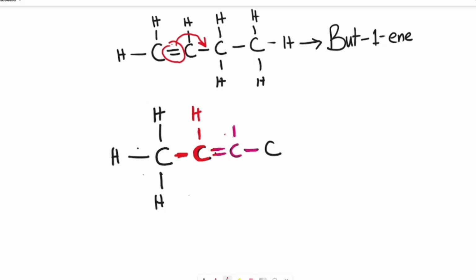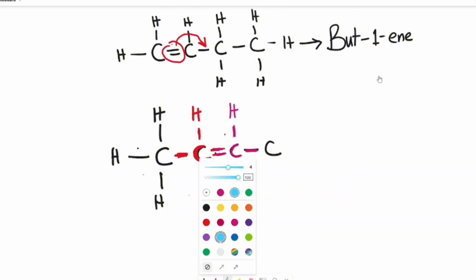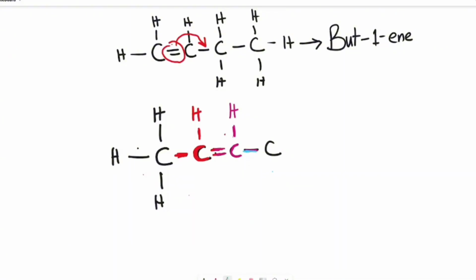So this is our third carbon. Let's put hydrogen here. And for the fourth carbon, we have 1, 2, 3, 4. So we put our hydrogens. It's still the same thing, but just that the name will change.